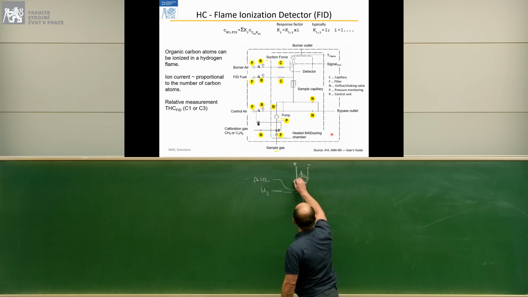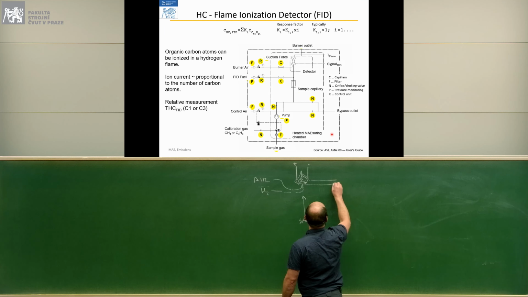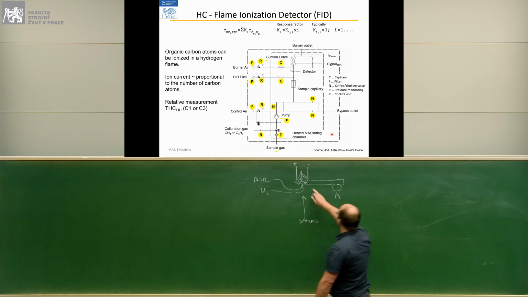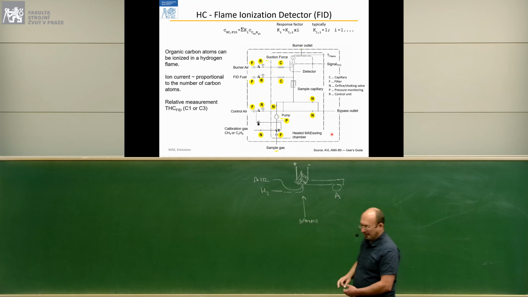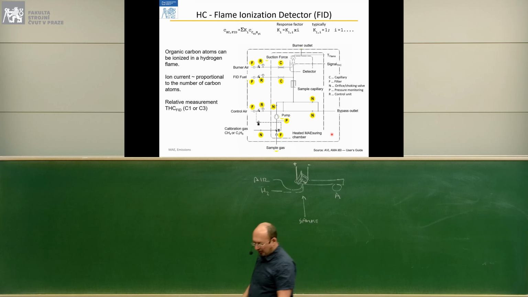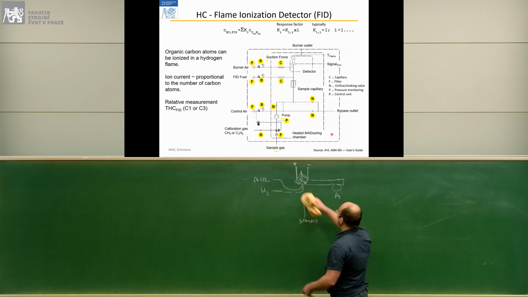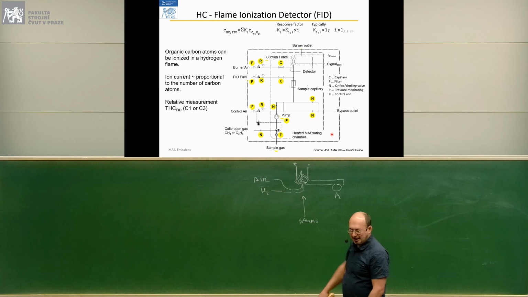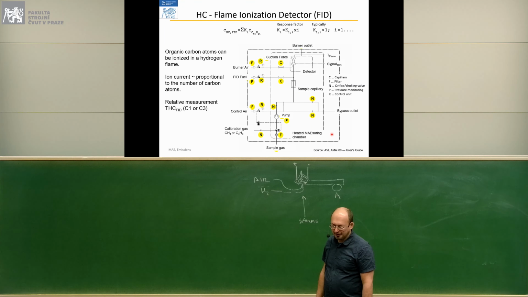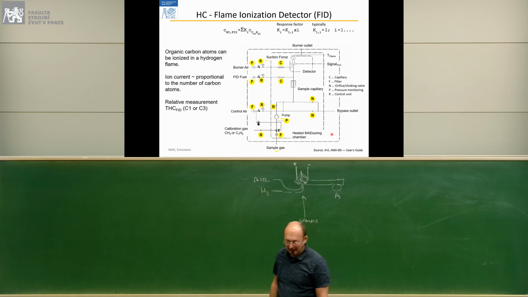So you can measure very small currents that are produced by the ions, and the current is proportional to the concentration of carbon atoms in the sample.